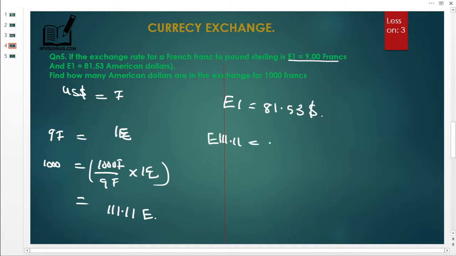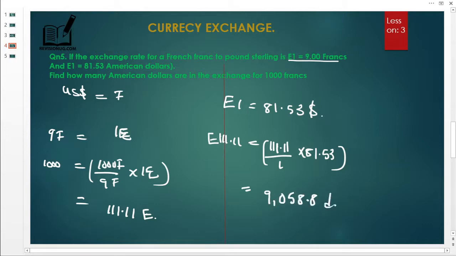They are going to give us 111.11 over 1 times 81.53. How many dollars are going to be obtained? So you come up with 9,058.8 dollars. Another example.